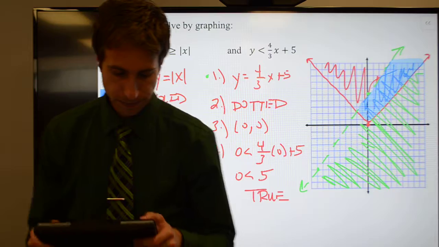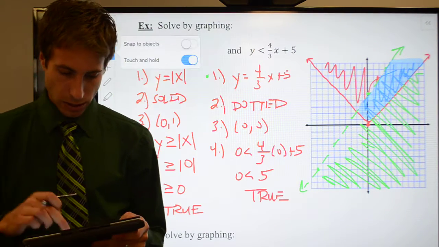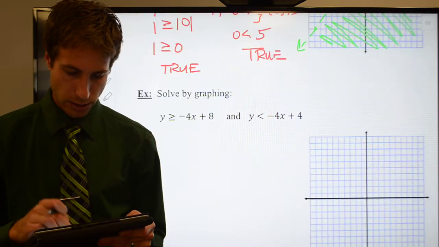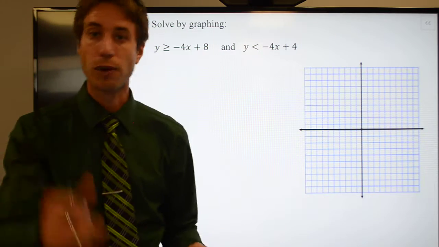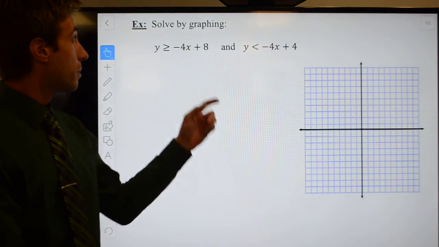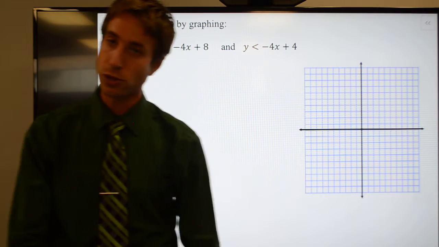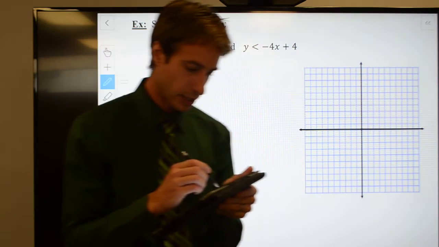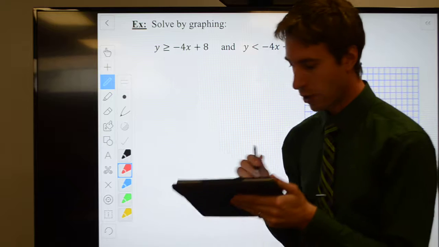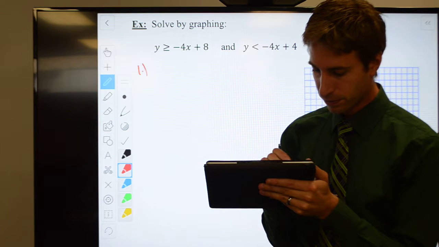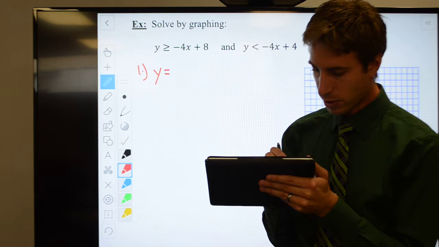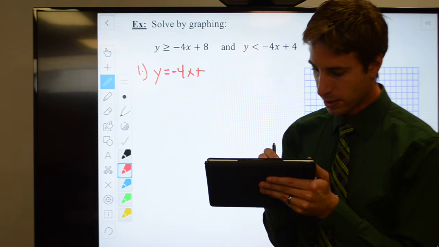Let's try another one. Okay, typical inequalities, and I've actually already solved them for y for you, so we'll just run through these real quick here. Let's see what this looks like. I'm going to first graph the equation y equals negative 4x plus 8.